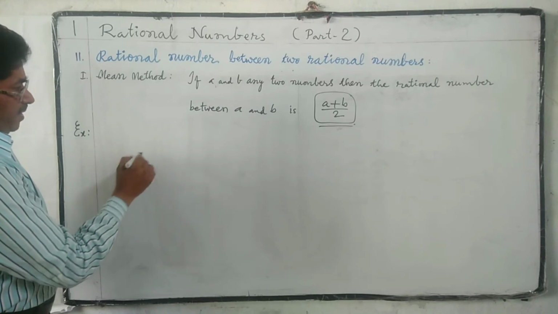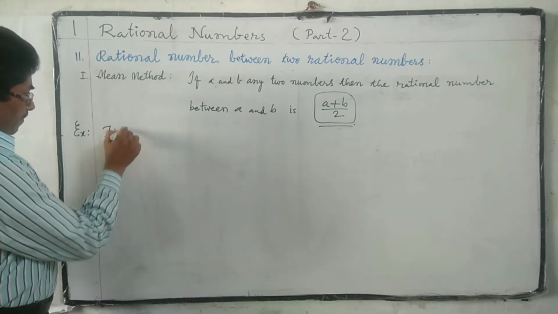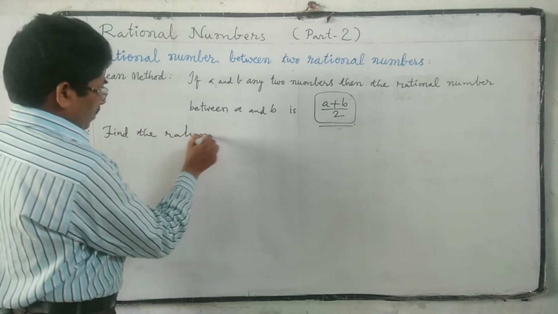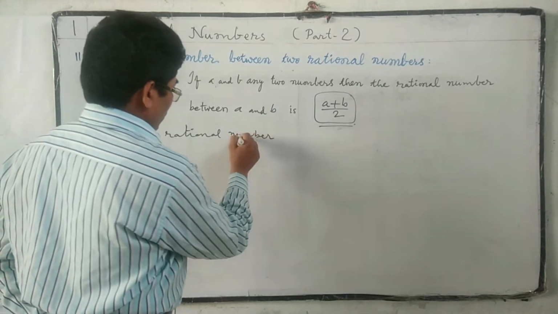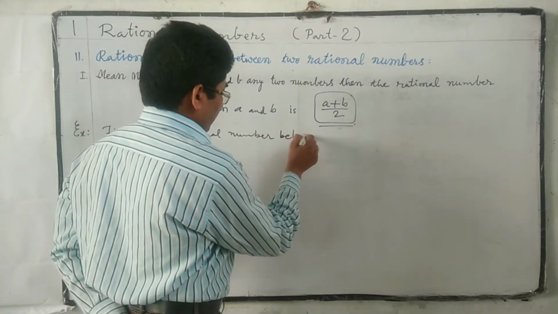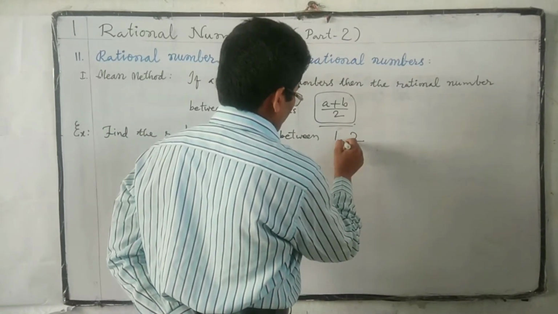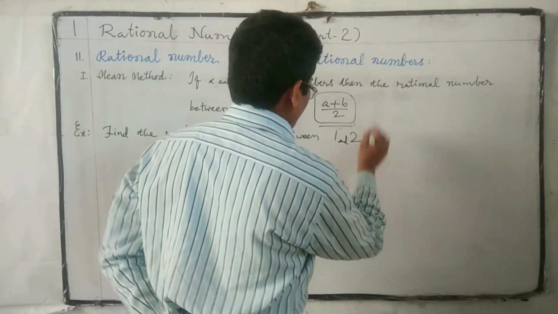Find the rational number between 1 and 2.